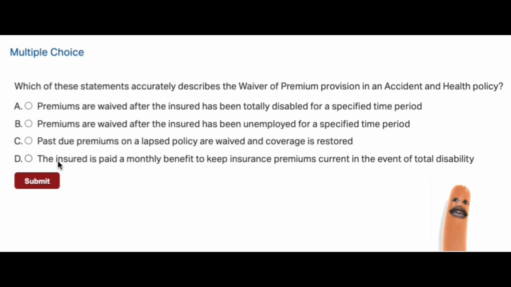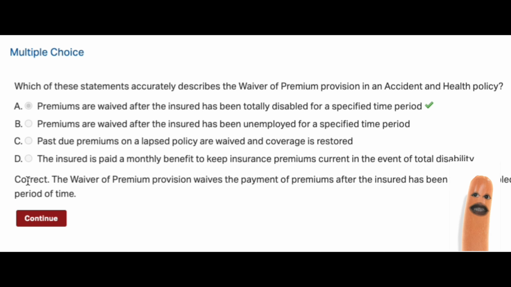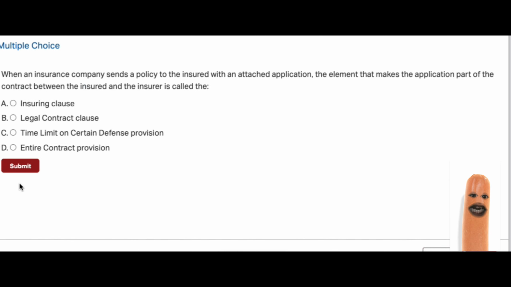Premiums are waived after the insured has been totally disabled. A, Bob. Ding! Correct. The waiver of premium provision waives the payment of premiums after the insured has been totally disabled for a specified period of time. That's right. Get them notes, because that test coming up, buddy.